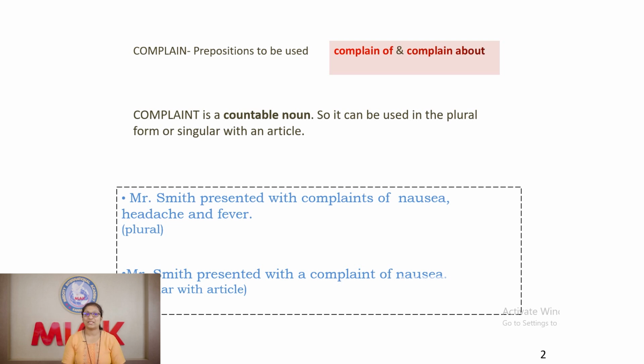Singular usage of the word complaint with an article. ഏത് ആർട്ടിക്കിളാണ് നമ്മളിവിടെ യൂസ് ചെയ്തിരിക്കുന്നത്? വിത്ത് എ കംപ്ലെയിൻറ്റ്. കംപ്ലെയിൻറ്റ് പ്ലൂറൽ ആകുമ്പോൾ വിത്ത് കംപ്ലെയിൻറ്റ്സ്, but when it is in the singular form, with a complaint of nausea. See the difference?